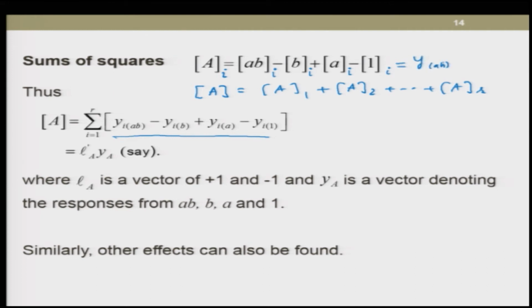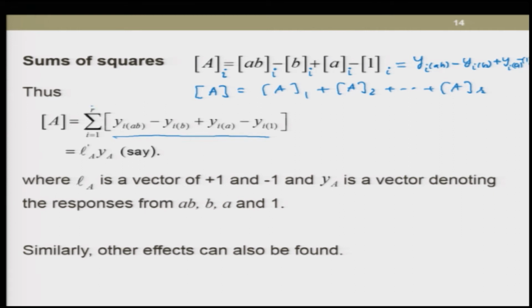a b for the ith observation minus y b, that means the output y when the treatment b is given at the ith level, plus y a, that means the output when the treatment a is given at the ith level, and minus 1 when both A and B are at the 0 level, and this is the ith observation.